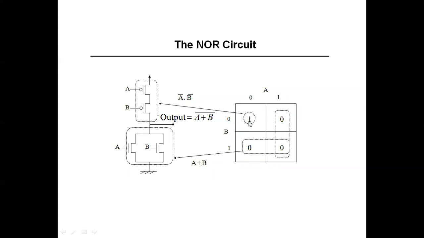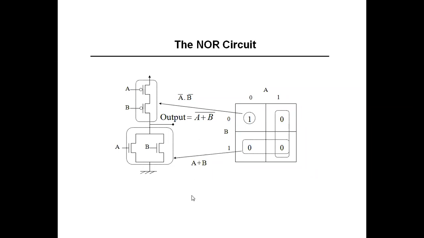Okay, now we will check here also. First we will tally this case. So A is 0, B is 0, and now you should get 1. Check here. A is 0, that means this PMOS is in conduction. B is also 0, so this PMOS is also in conduction. A is 0, so this NMOS is an open switch, not in conduction, and this NMOS is also not in conduction.